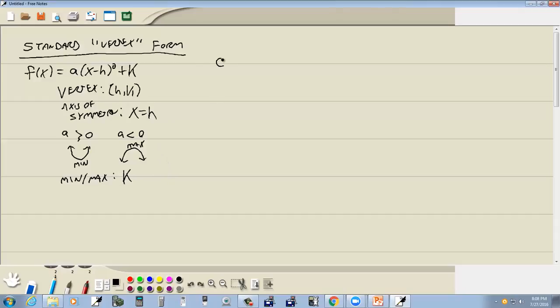Okay, so if we looked at an example, we got f of x is equal to 2 times (x plus 1) squared plus 3. So we have this form right here.